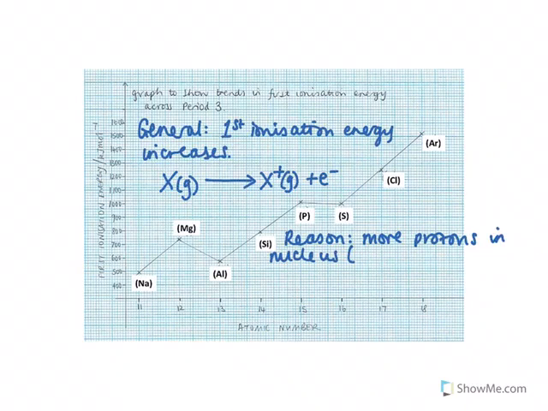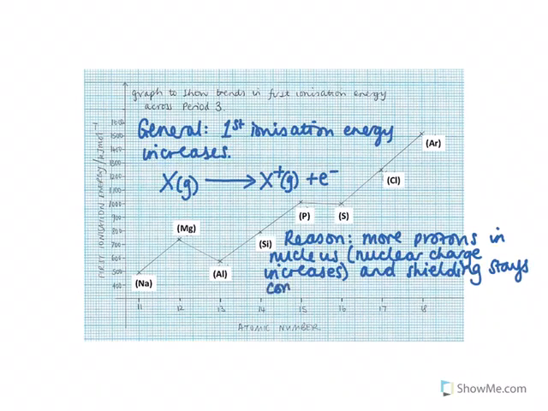So the nucleus gets more positively charged. So nuclear charge increases. And the shielding, that's the impact of full shells of electrons between the electron being removed and that nucleus, stays constant. So that general trend can be explained like so.